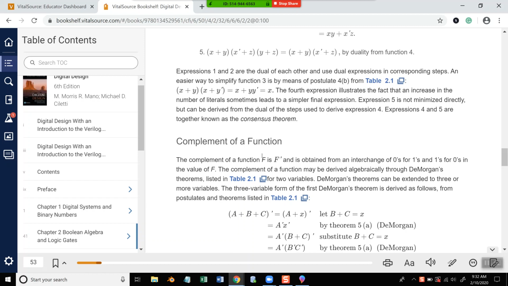And I think I was having trouble finding the exact reasons behind number 5.